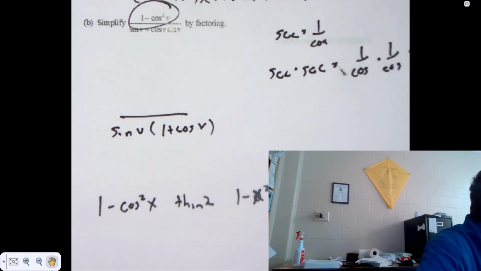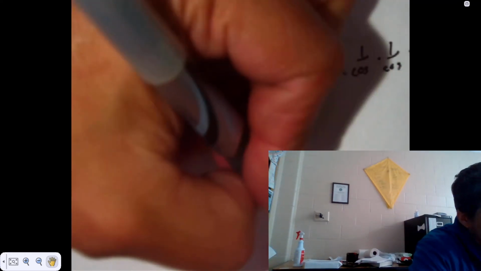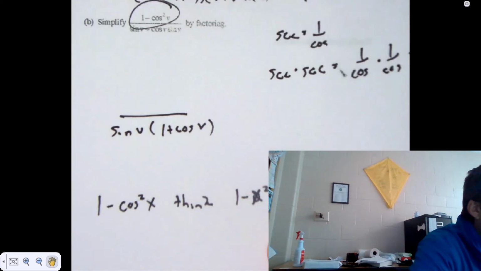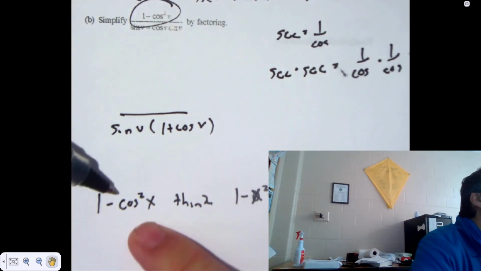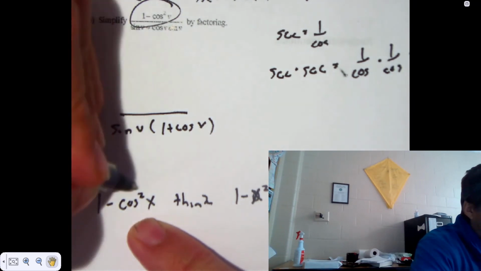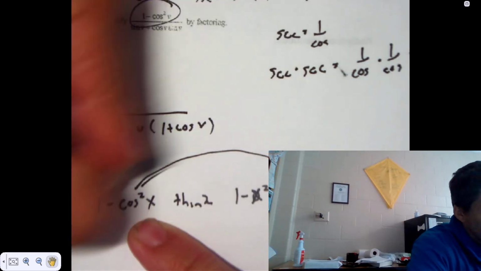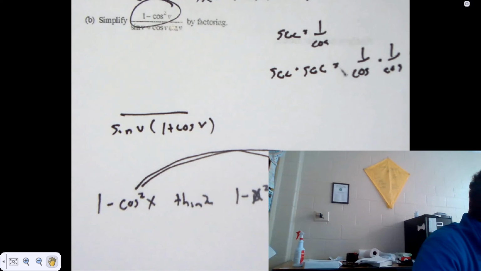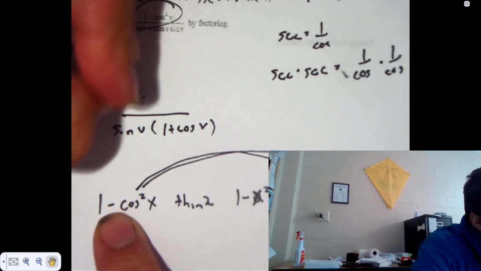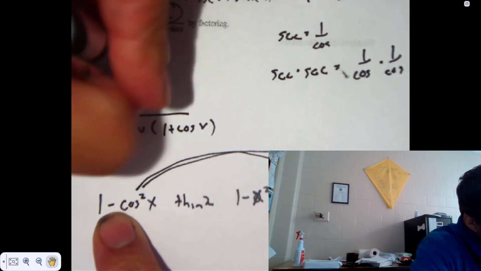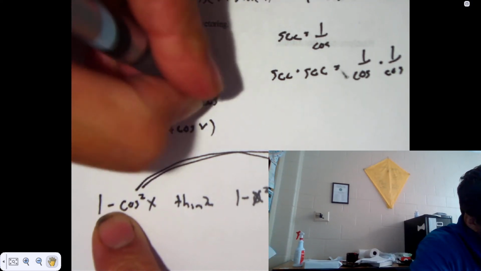Okay, that's a difference of 2 squares pattern. But it wasn't x. It was cosine, wasn't it? We're just thinking about something squared, and it was cosine. So the top is 1 plus cosine, in this case v, and 1 minus cosine v.